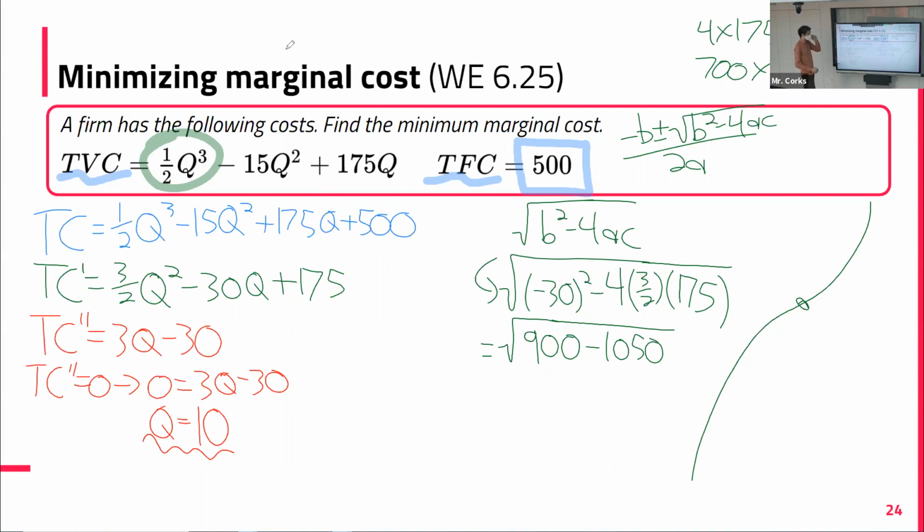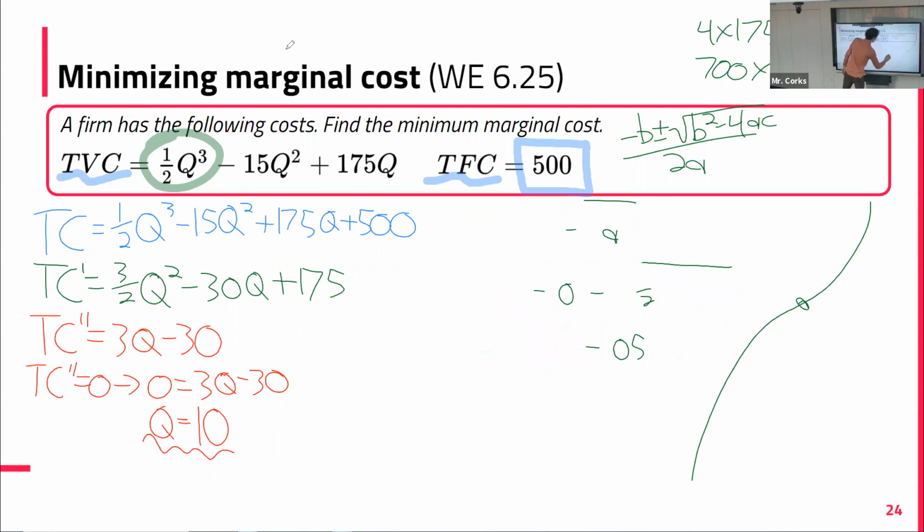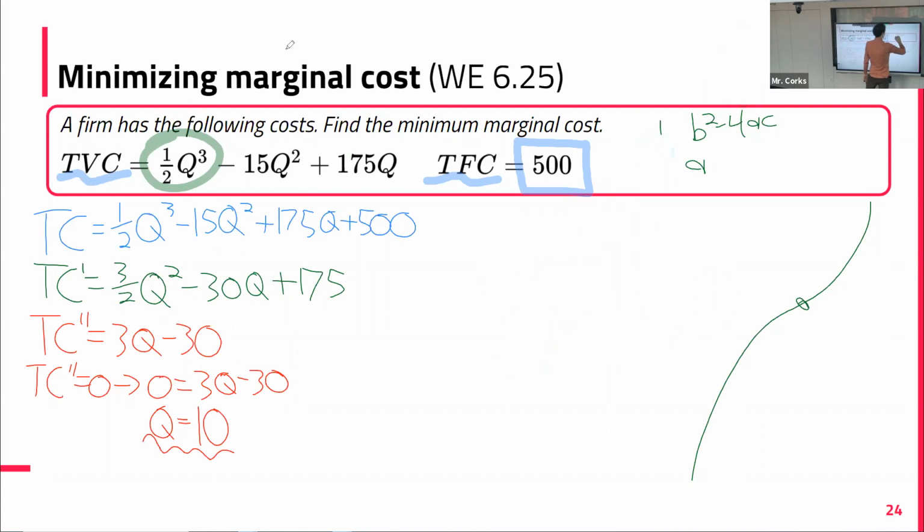I'll show the graph in a little bit and explain some of the theory background of that. That's where it's happening. And if we want to figure out the actual minimum marginal cost, what can we do? Substitute into the first derivative formula. I forgot to write that here. Sorry.